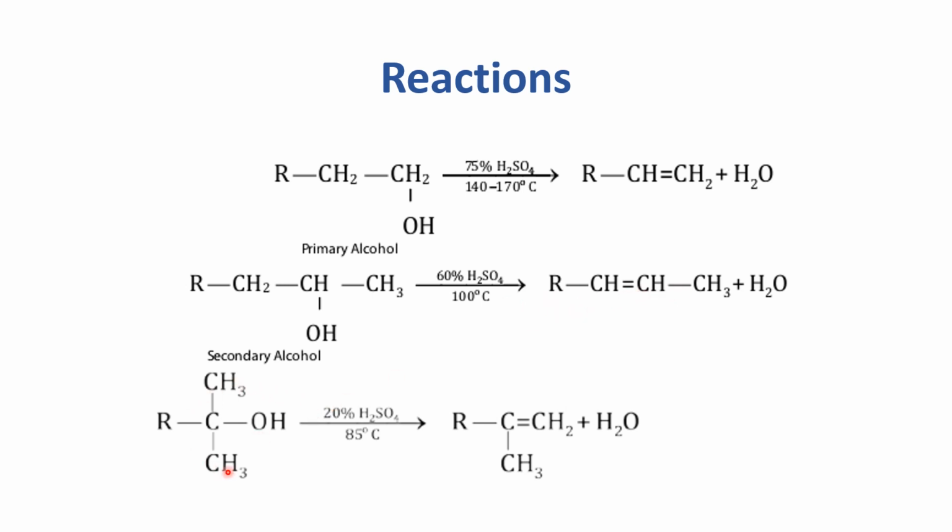And for tertiary alcohol, we need just 20% H2SO4 क्योंकि tertiary alcohol सबसे easily dehydrate हो रहा था. इसीलिए हमें catalyst की amount कम चाहिए. Secondary alcohol उससे कम था, इसलिए उसे हमें 60% चाहिए था और सबसे resistant primary alcohol था. That's why we use 75% of H2SO4. और ये सारे जितने भी alcohols हैं जब ये dehydrate होंगे तो they will yield alkenes.